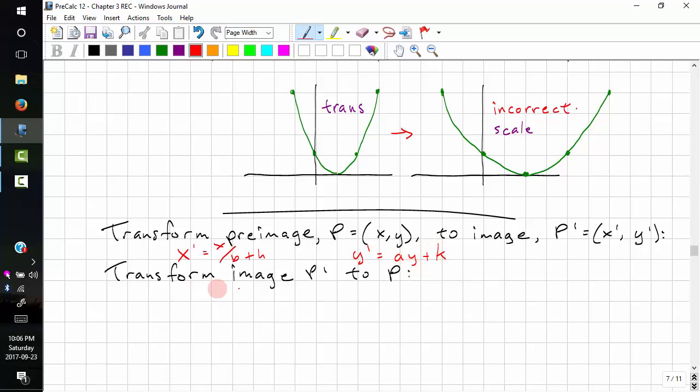Now if we're transforming from the image to the pre-image, this is going backwards. So we have to do some algebra. X prime, we move the h over to the other side, so it's minus h. So we have x over b. Now we multiply both sides by b.